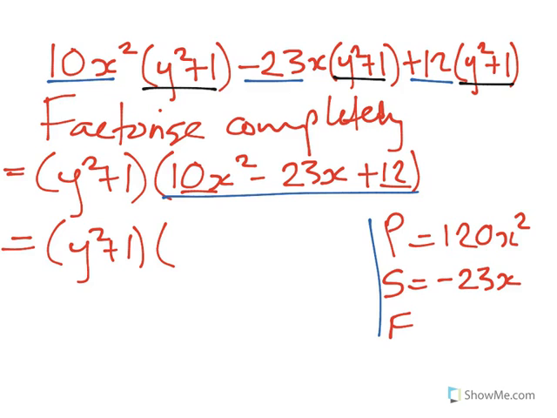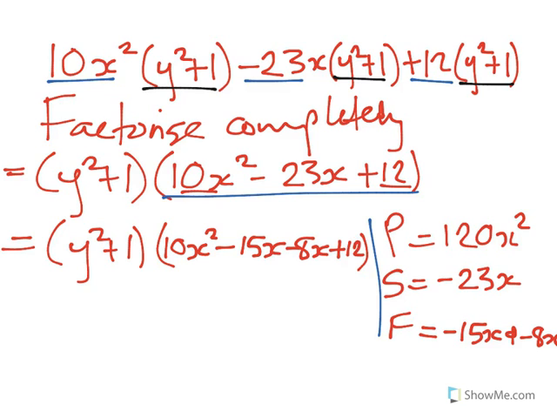The factors are minus 15x and minus 8x. If you multiply 15 times 8, you get 120. If you add minus 15 minus 8, you get minus 23. So what I'll have is 10x squared, instead of minus 23x, I'm going to write minus 15x minus 8x plus 12.